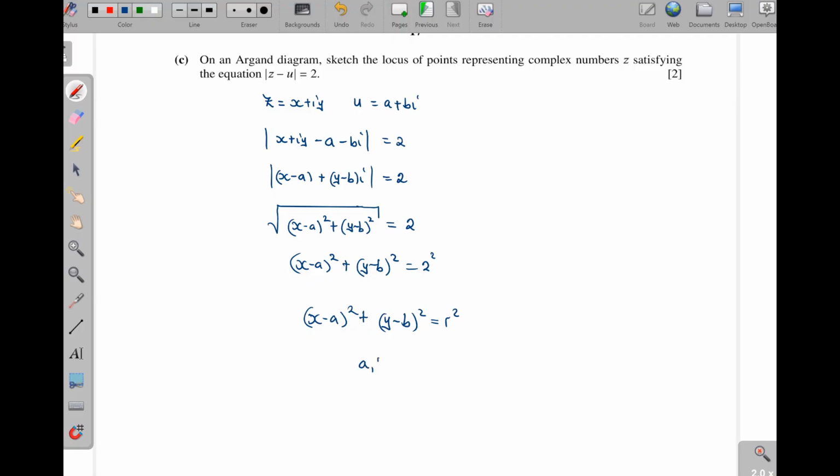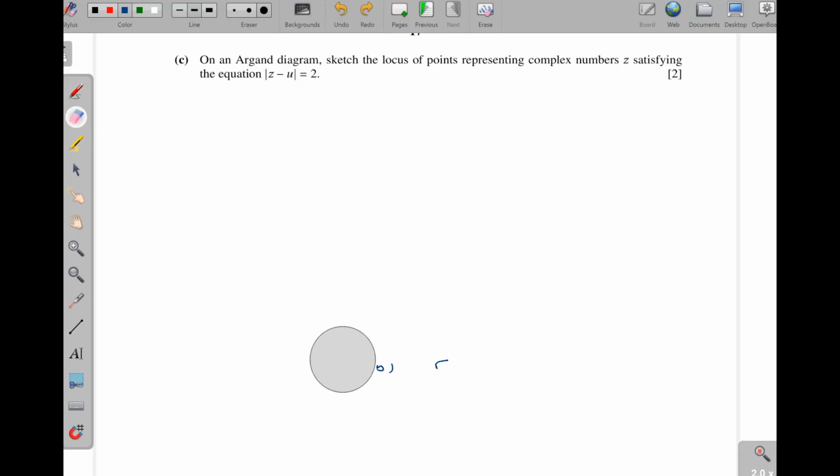So the center is (a, b) and the radius is r. Do you see that this is giving us the equation of a circle right from here? So whenever you see the modulus signs on one side of the inequality or equation, you just know that we are dealing with a circle. Is that clear? All right.